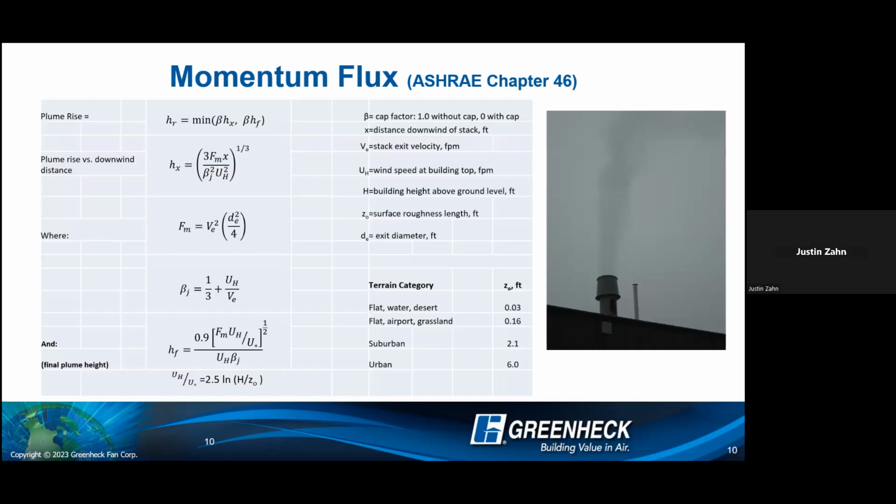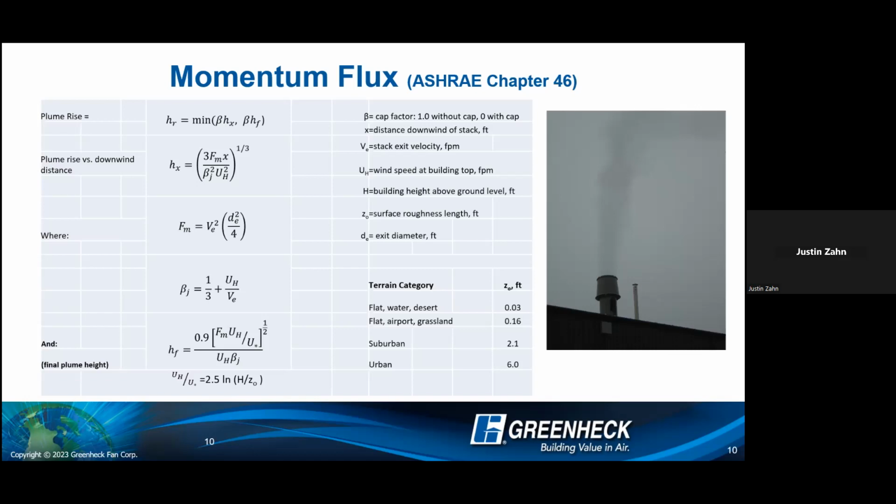People still use modified Briggs for one main reason. I should say some competitors will use modified Briggs for one main reason, and that is just because you typically get a higher plume height with it, which at the end of the day is just not as accurate as momentum flux. And these being life safety applications, you want to be as accurate as humanly possible.